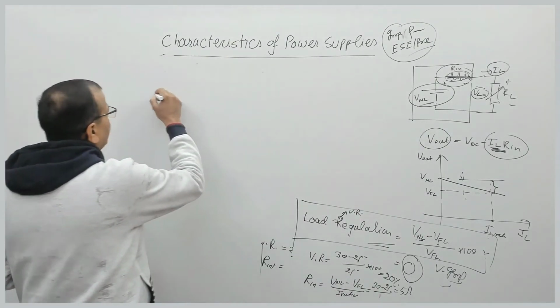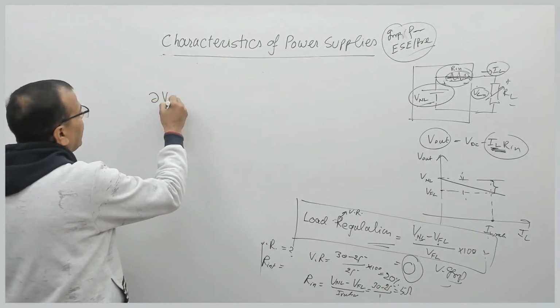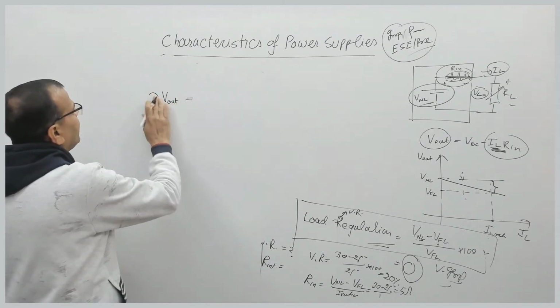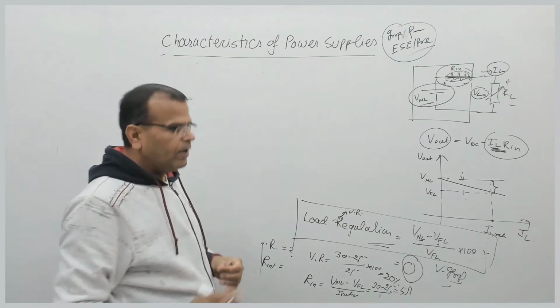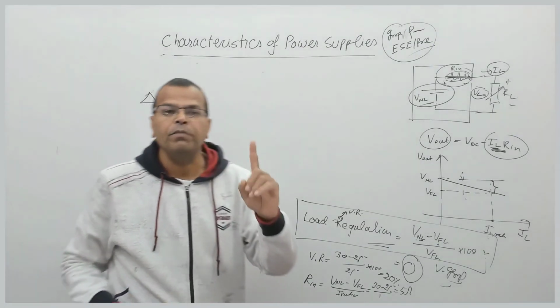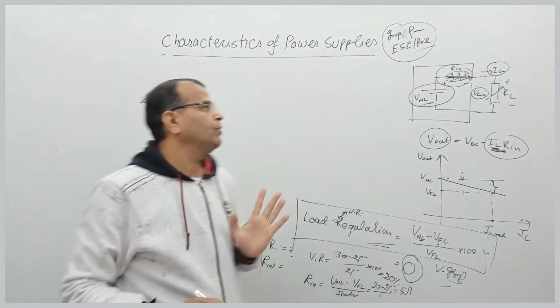So the variation in output voltage of a power supply is given by, I will write that, this may be because of fluctuation in input voltage.